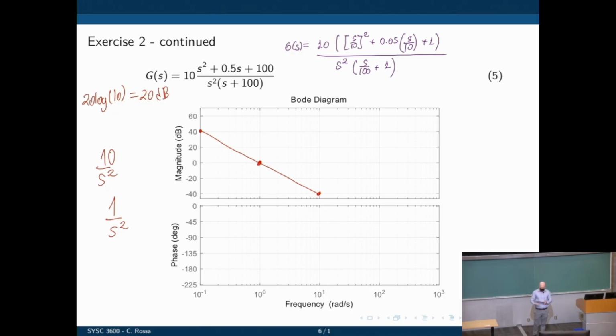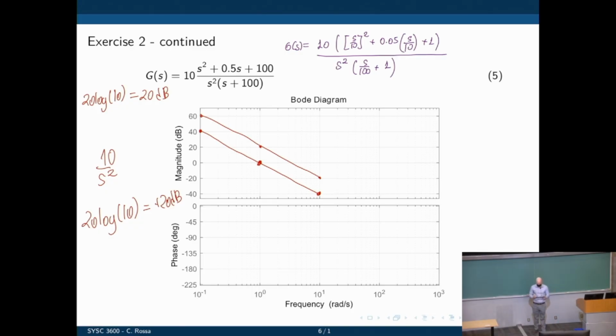Problem is we don't have 1 over s squared. We have 10 times that. We have 10 over s squared. When you multiply something by 10, we are adding 20 log of 10 to it, which is plus 20 dB. So multiplying something by 10 means shifting everything up by 20. So now the whole curve goes up by 20 decibels, and this is the new start of the Bode plot.